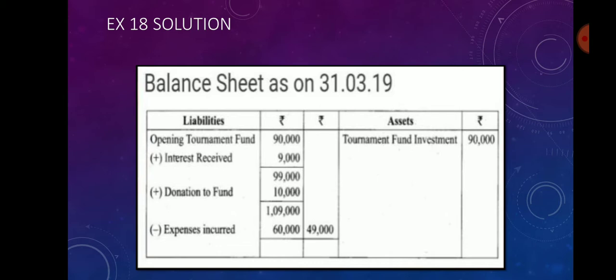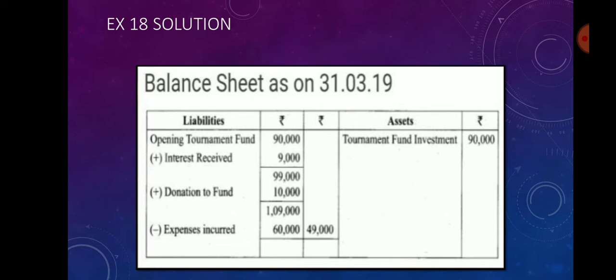Then income relating to the fund, that means interest received on tournament fund, should be added to the fund, and we must add the donation to tournament fund 10,000. So there is 90,000 plus 9,000 plus 10,000, totally 1,09,000.